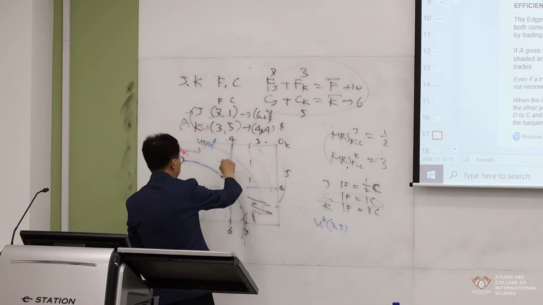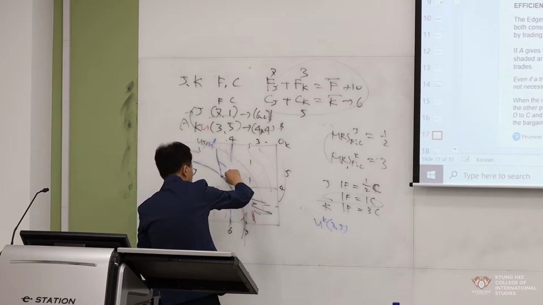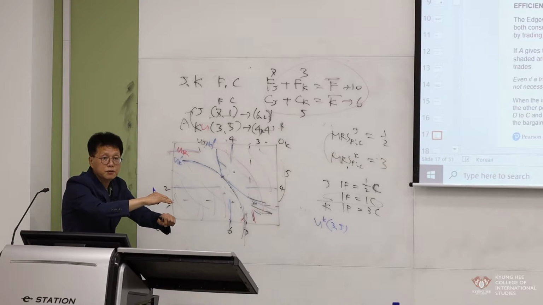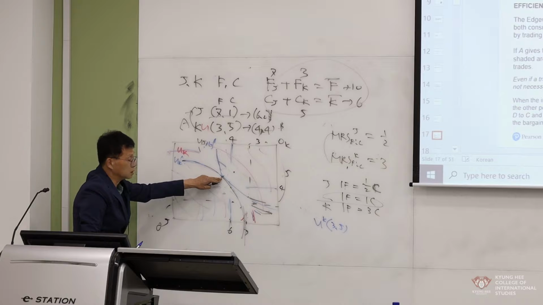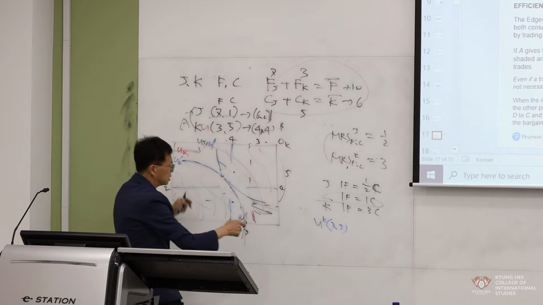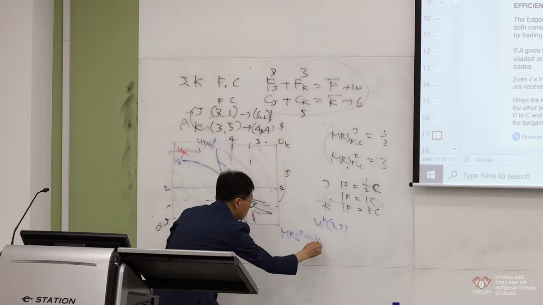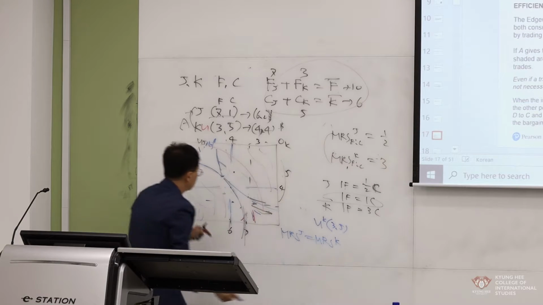And James' indifference curve is, for example, like this. At this point, the two indifference curves of the two guys are tangent, right? The tangency of two indifference curves means MRS James is equal to MRS Karen at this point.